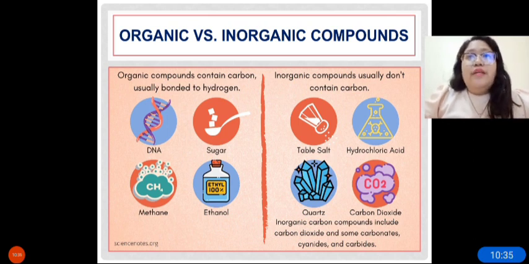On the other side, we have the inorganic compounds, and these usually don't contain carbon. Think of table salt or hydrochloric acid. They're not based on carbon but are still super important in chemistry. There are some exceptions like carbon dioxide and some carbonates, cyanides, and carbides, which are considered inorganic.